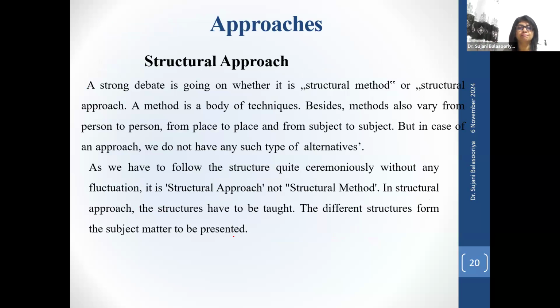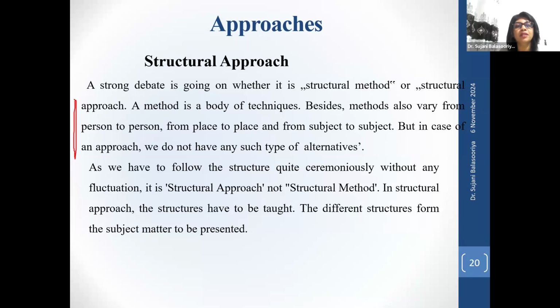Approaches are there. So under approaches, we are going to talk about structural approach. Here you have some idea about the difference between the 2 words, method and approach. See whether you understand that, because you have to be clear with these terms now, right? What is method and what is approach? Because this difference is given in relation to the structural approach.